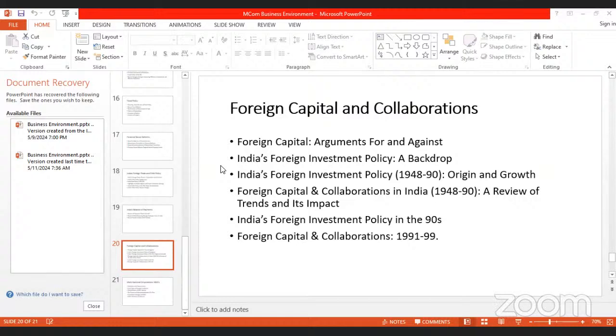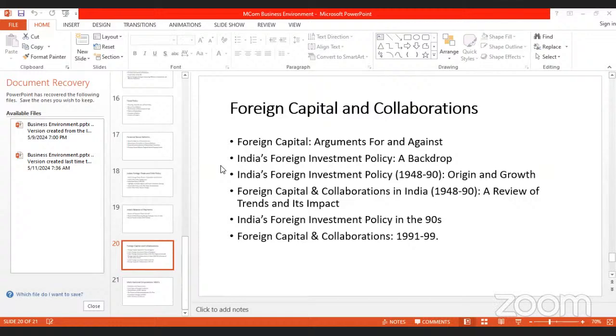Then there is loss of sovereignty. Significant foreign control in key sectors can lead to a loss of economic sovereignty and influence over national policies as well. Now, the next argument against is market disruption.